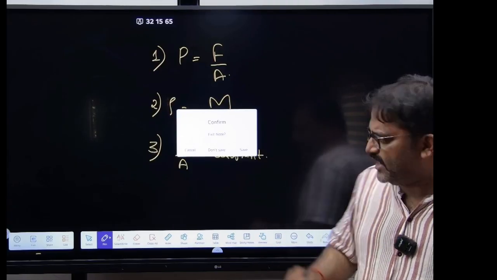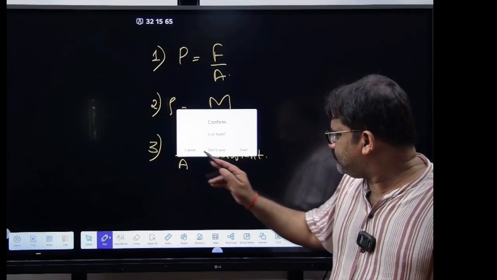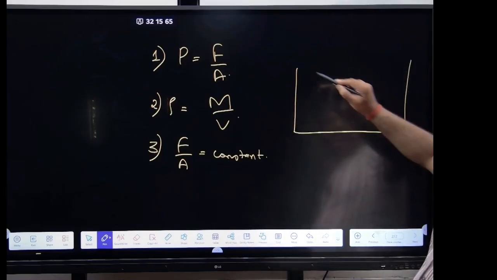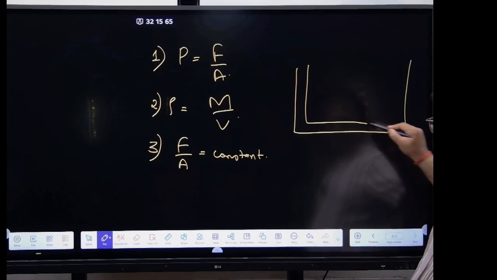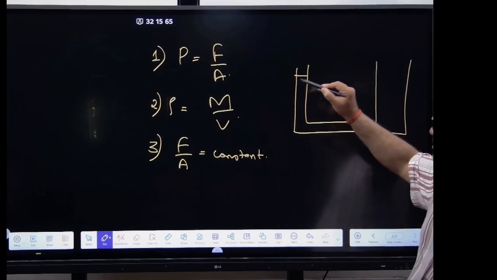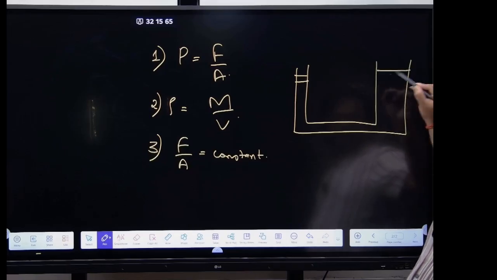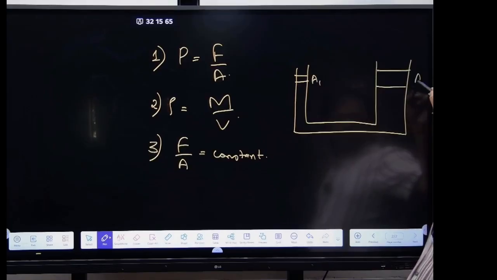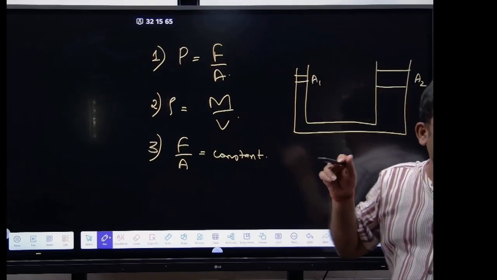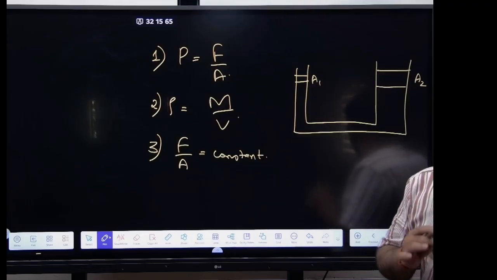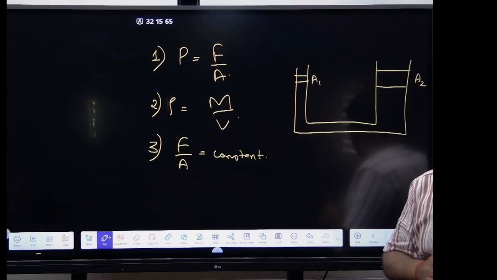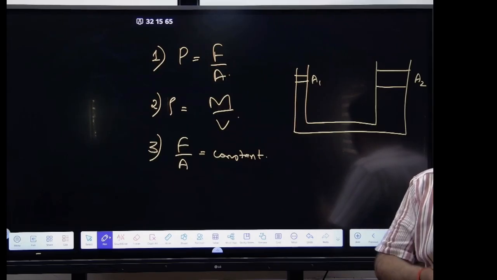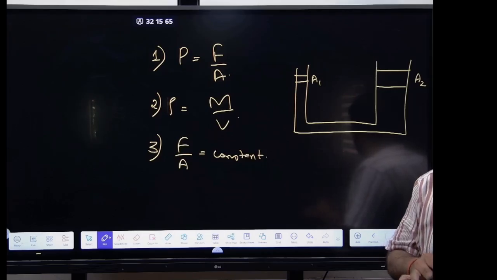It simply means that if we are having, let me say children, an arrangement like this, this is called a U-tube. How many of you have gone for car washing, or maybe for determining PUC in cars, in vehicles?